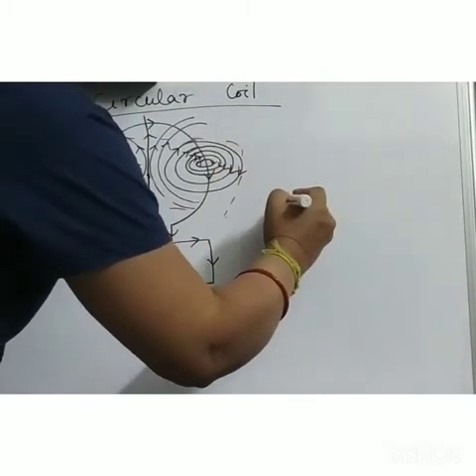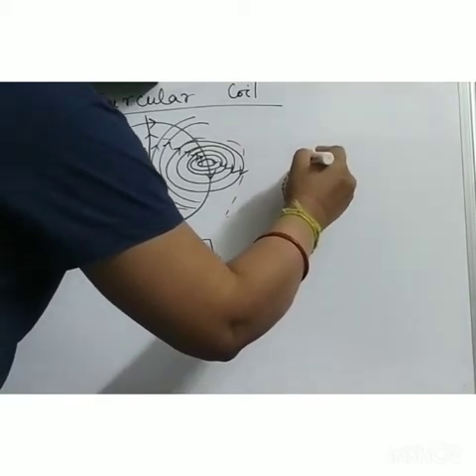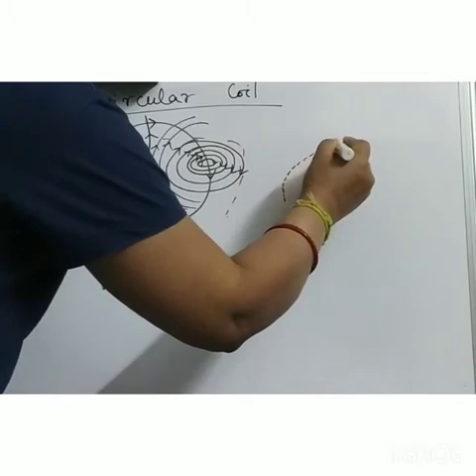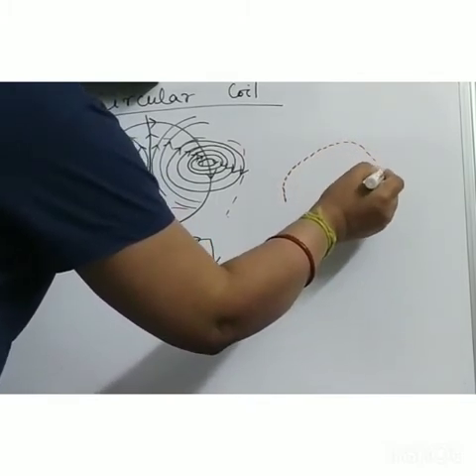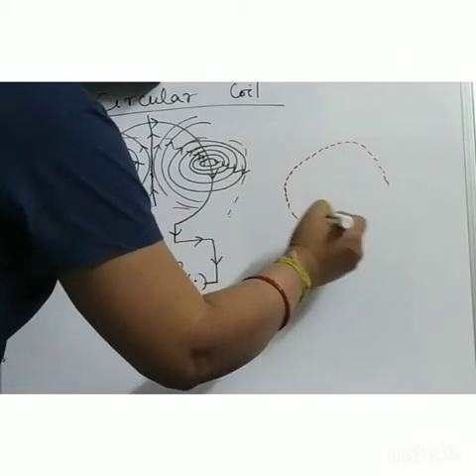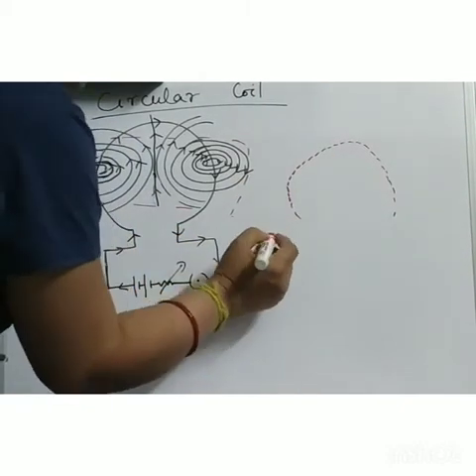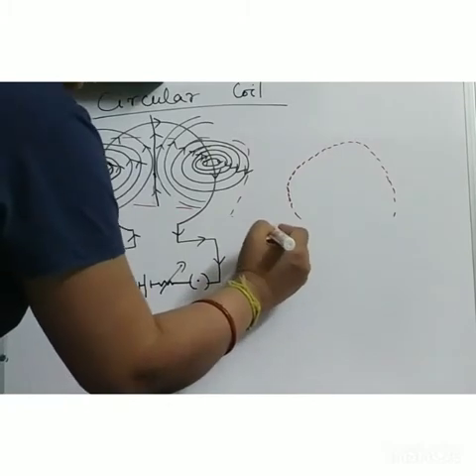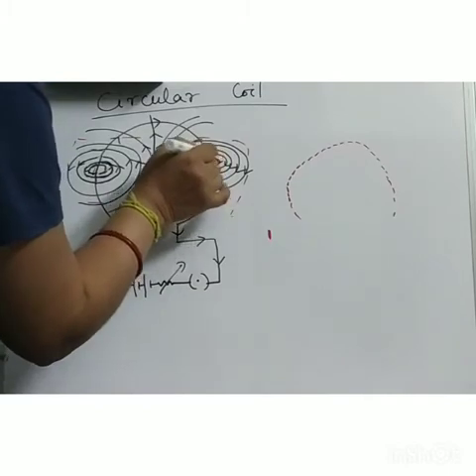A circle means you can take small straight wires connected like this, and you will get a circular shape. That means at each point, if you take a small tiny section, the wire behaves like a straight line.